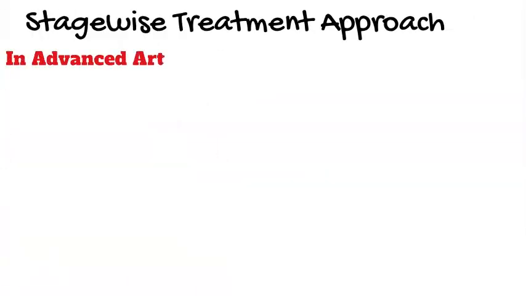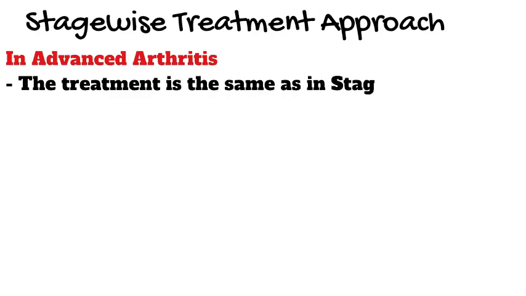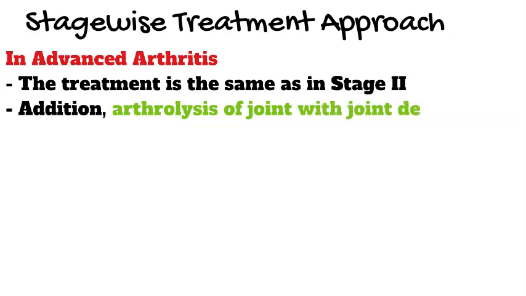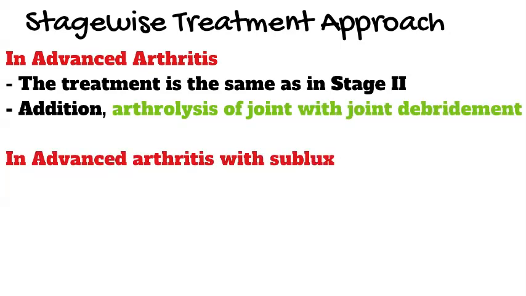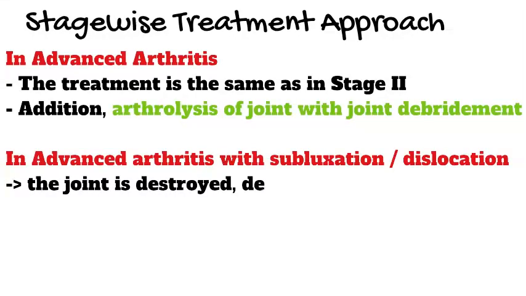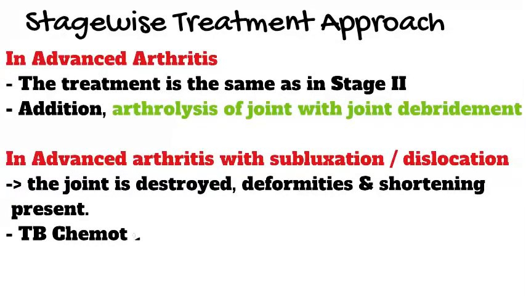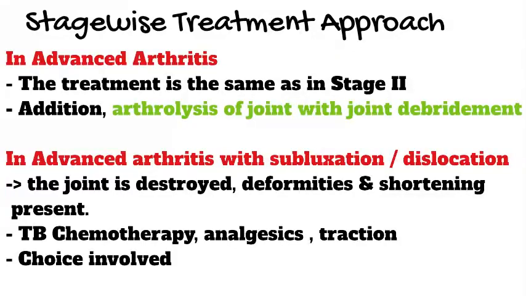In advanced arthritis, the treatment is the same as in stage 2. In addition, there is arthrolysis of the joint with joint debridement. In advanced arthritis with subluxation or dislocation, the joint is destroyed, and there are deformities and shortening present.